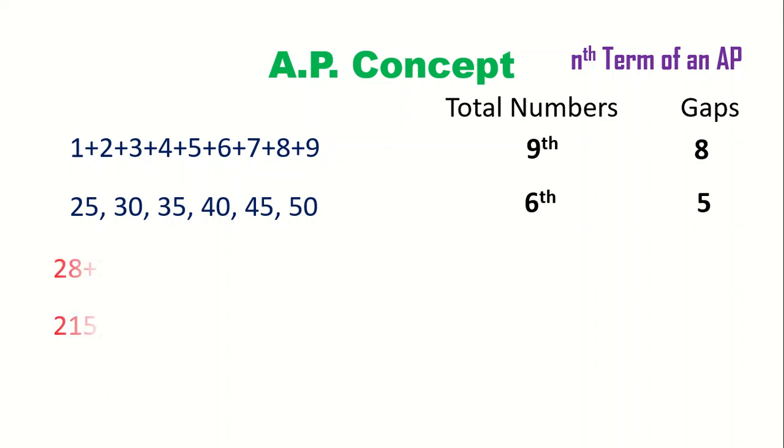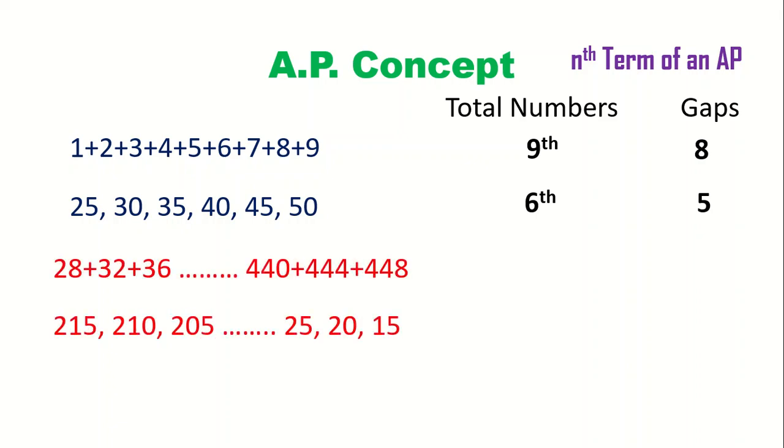Okay, can you say how many numbers are there in this series? It might be somewhat difficult, but you see here in this second series it is 50 here and 25 here. If you subtract 25 from 50, you get 25, and the gap between the first number and the second number is 5.